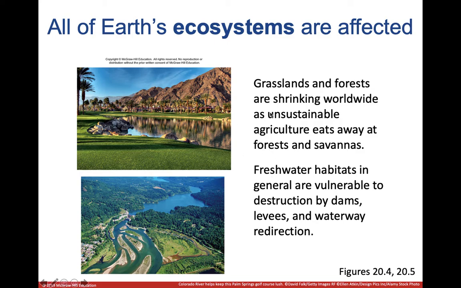So grasslands are shrinking around the globe as we get rid of them due to human activity. We need water as well, so if you're in the desert and there's an oasis around you, people drain them. We have to grow crops, so water tends to be rerouted from big reservoirs, big oceans, big lakes and things.